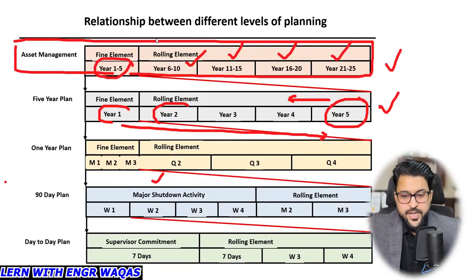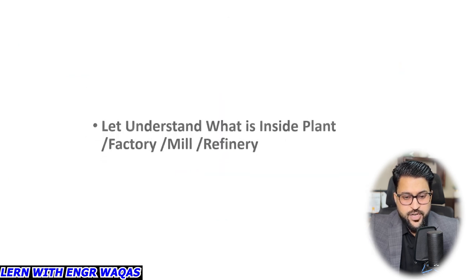How safely and how continuously they produce these things, there is something behind such production. So such asset management and plant shutdown management is over there. You should have a clear idea about it. That is what I need you to understand before you get into the details of plant shutdown.